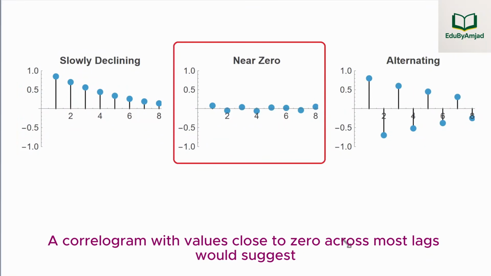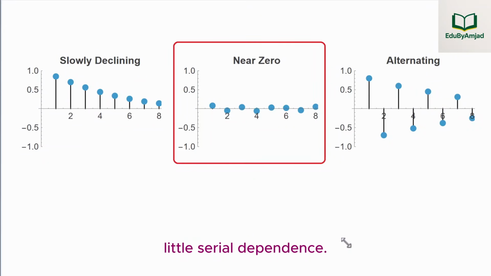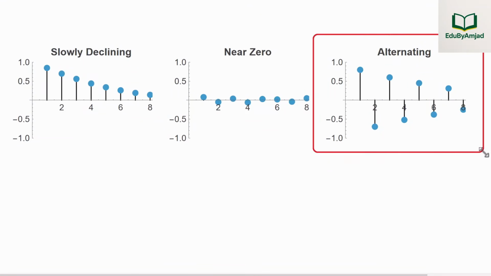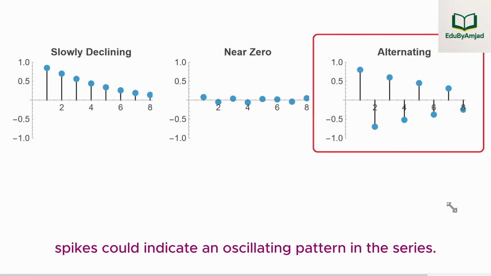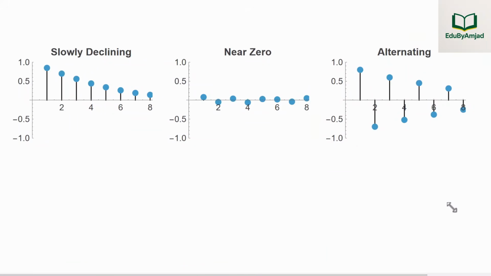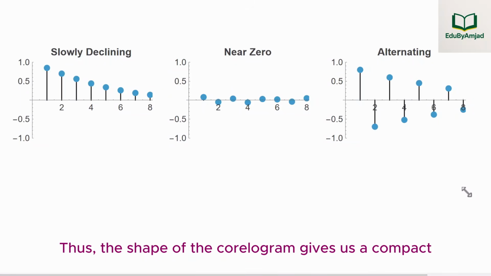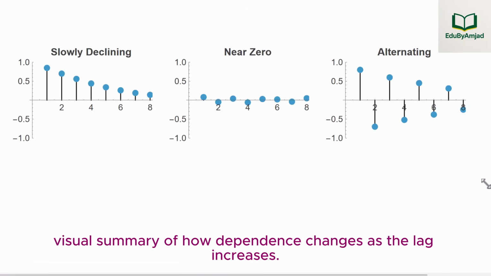A correlogram with values close to 0 across most lags would suggest little serial dependence. An alternating sequence of positive and negative spikes could indicate an oscillating pattern in the series. Thus, the shape of the correlogram gives us a compact visual summary of how dependence changes as the lag increases.